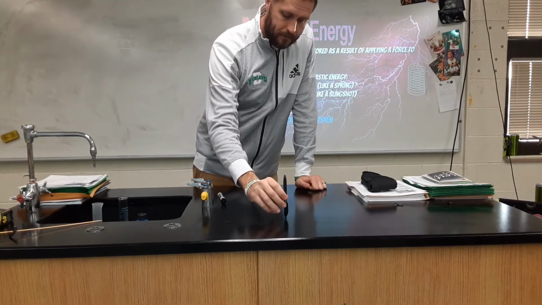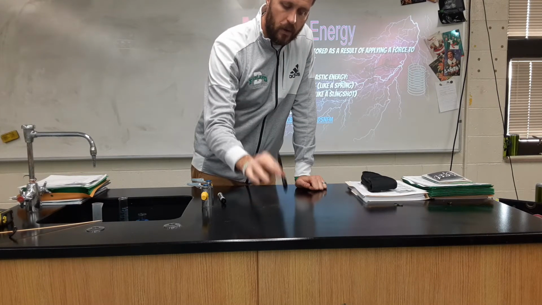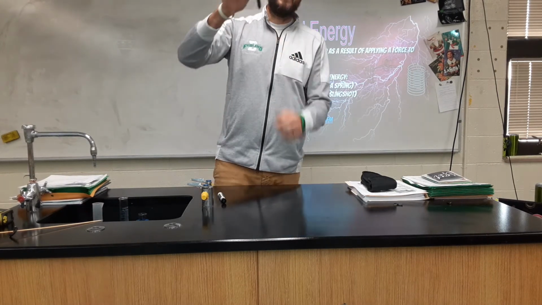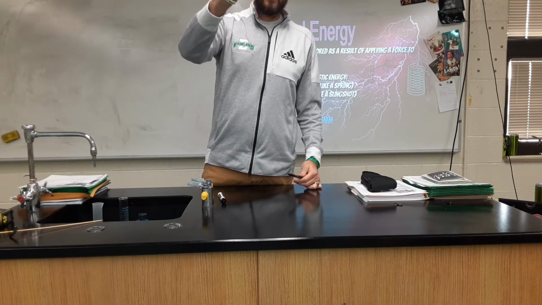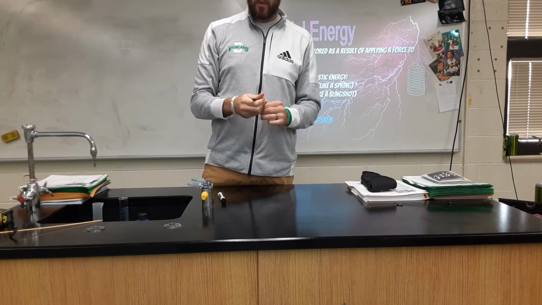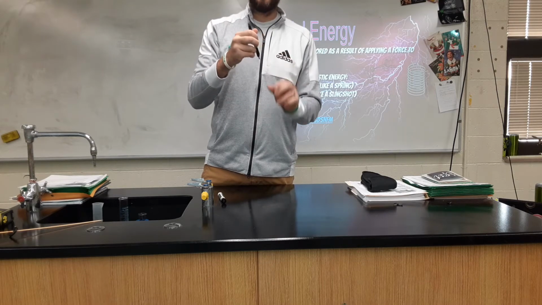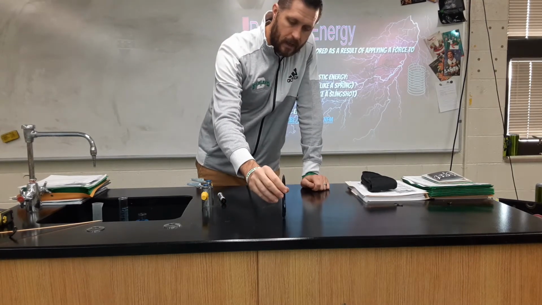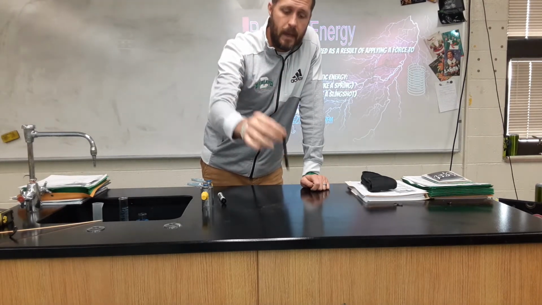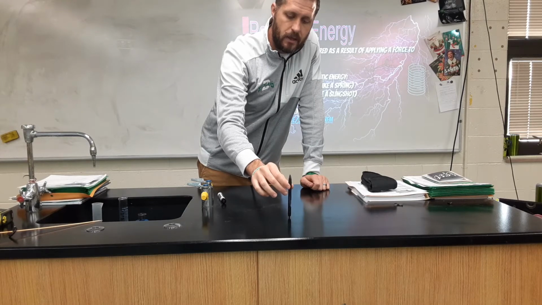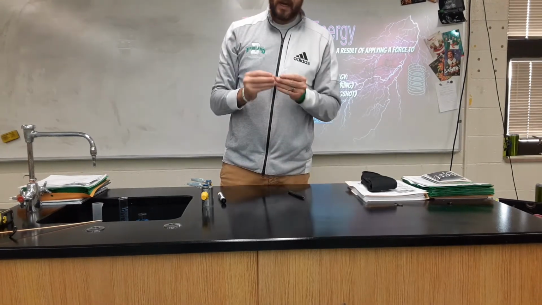When you click the end of your pen, it makes the spring compress, and we're storing energy in that spring. When I click again, it will release the energy. This spring inside has been compressed.